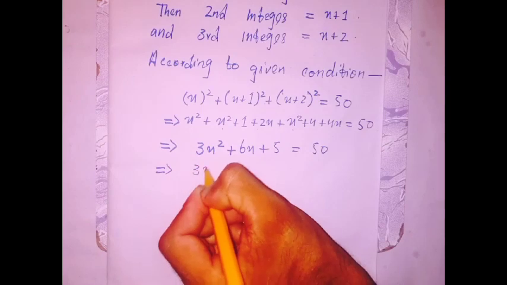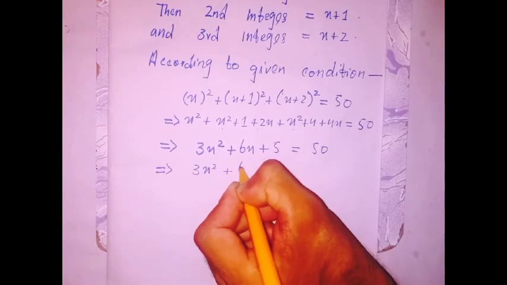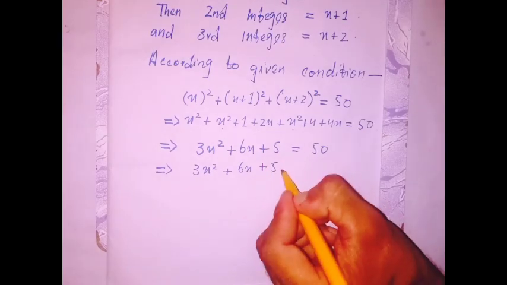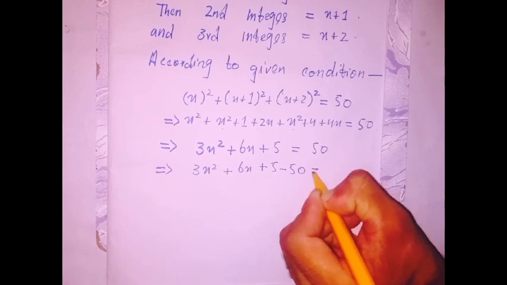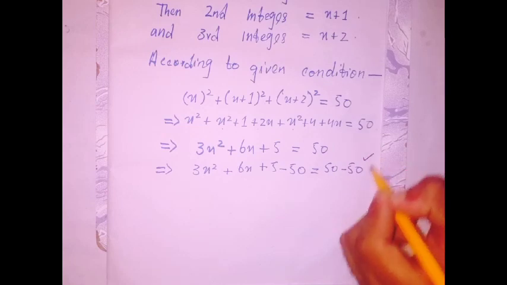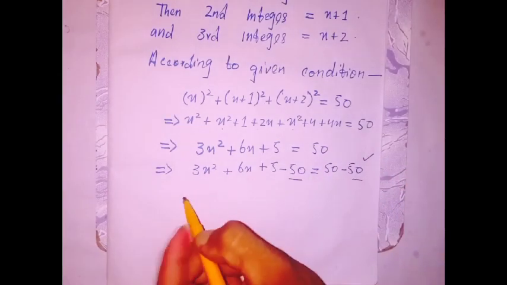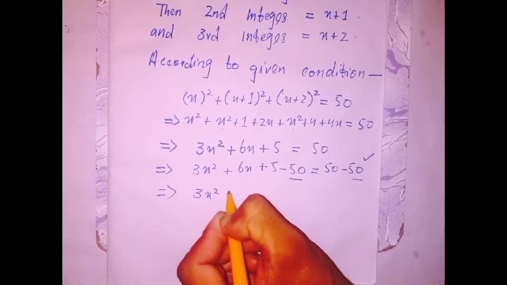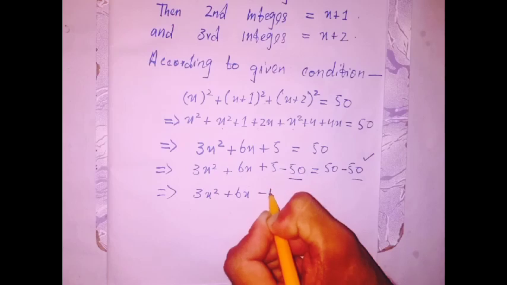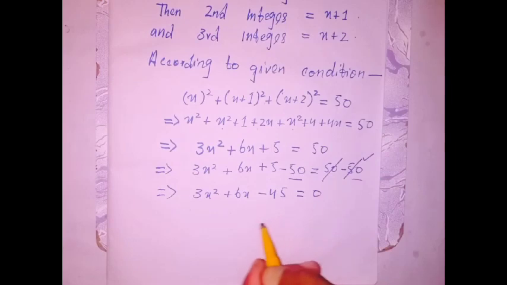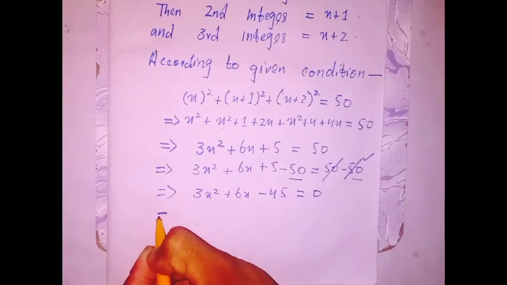Now we can write again 3x square plus 6x plus 5 minus 50, if we subtract 50 from both sides. Now we can write 3x square plus 6x minus 45, because plus 5 minus 50 is minus 45, and 50 minus 50 cancels, so we get 0.